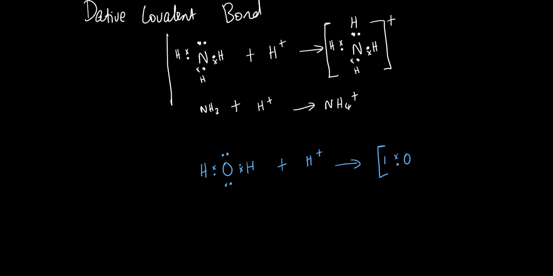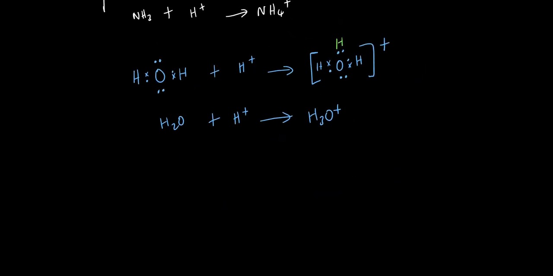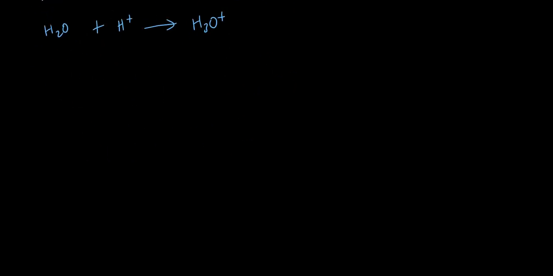So you'll have something like this, and then you show that the hydrogen is going to come here, and because it's there, the whole molecule is now going to be positive. So that is to show that H2O bonding with H+ forms H3O+. That is the dative covalent bond of the hydronium ion. Right, so that's what we have.